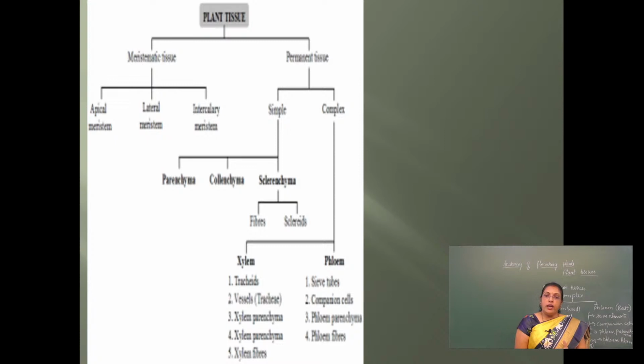And sclerenchyma is classified into fibers and sclereids. Complex tissues are xylem and phloem. In xylem we see tracheids, trachea, xylem vessels, and xylem fibers, whereas in phloem we see sieve tubes or sieve elements, companion cells, phloem parenchyma, and phloem fibers.